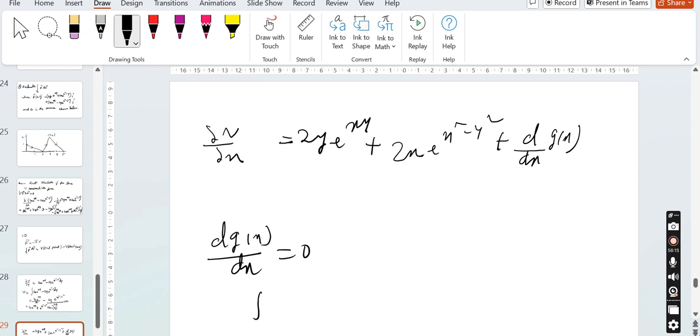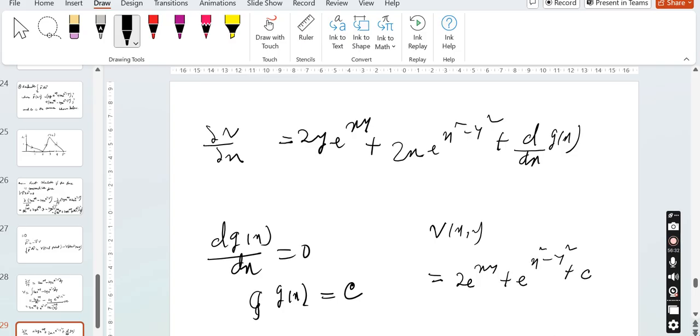So gx will be c. So vxy, we get 2 e to the power xy plus e to the power x square minus y square plus c.